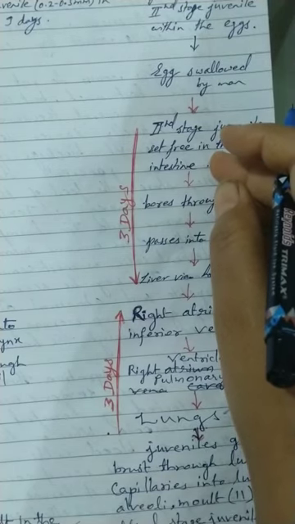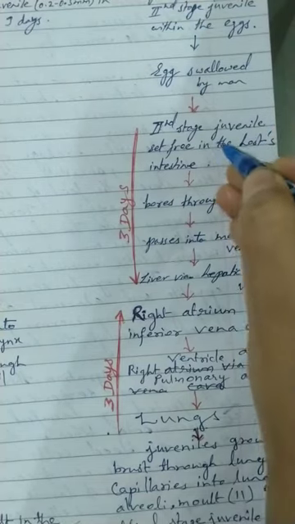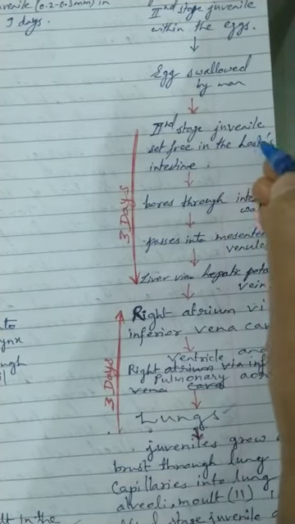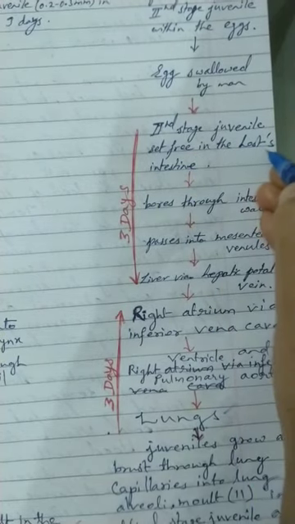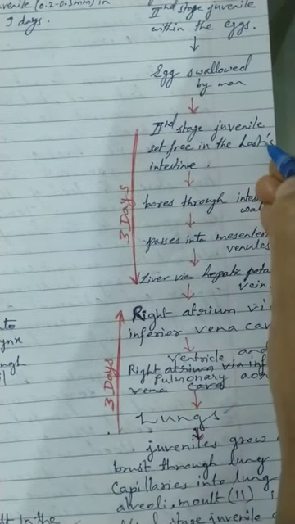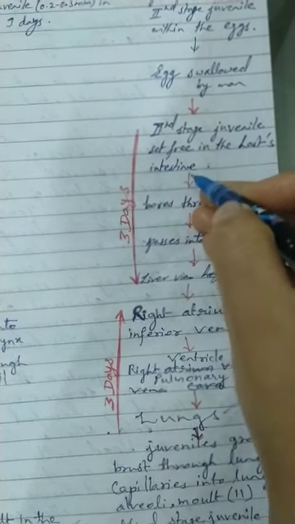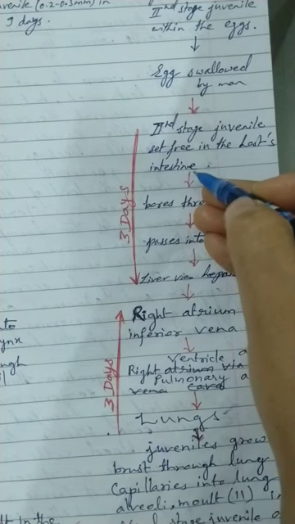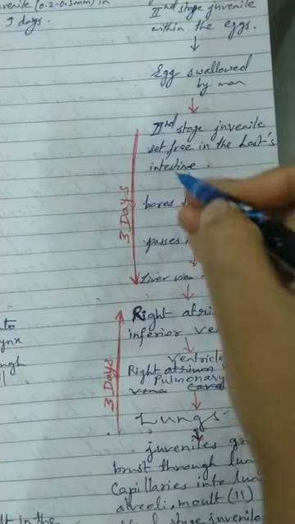Juveniles are set free in the intestine of the man. Here, the second stage juveniles are set free in the host's intestine.